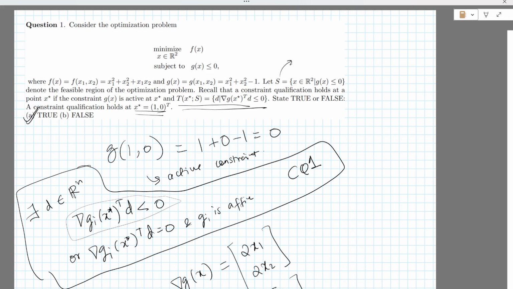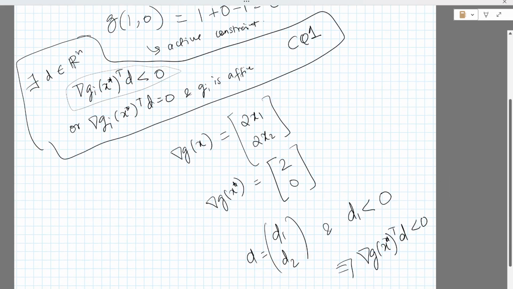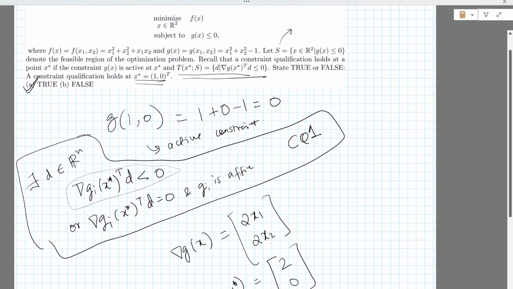So we use the CQ1 constraint qualification idea.